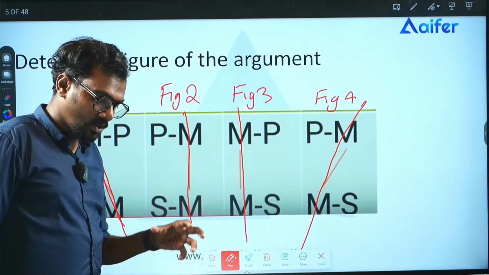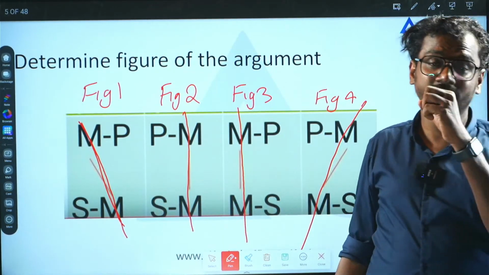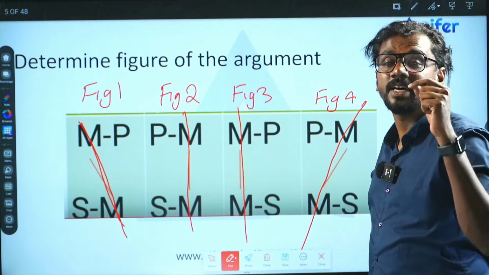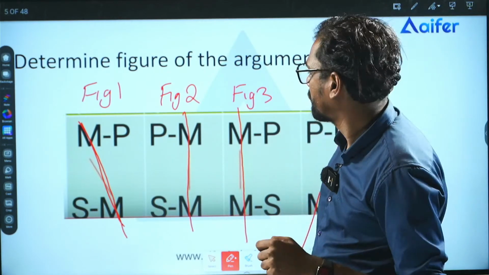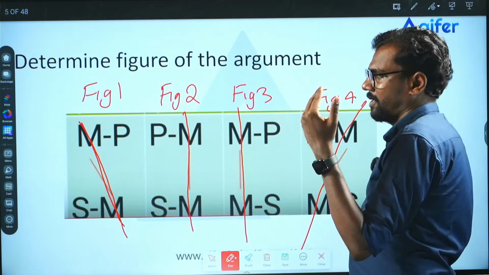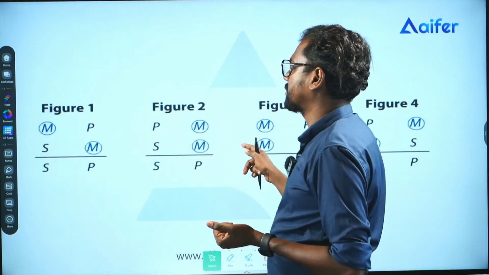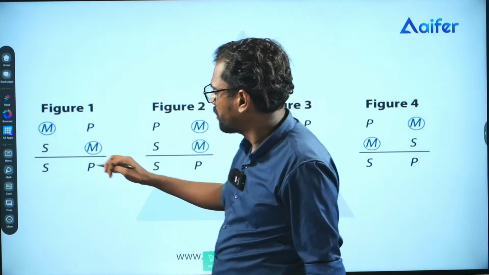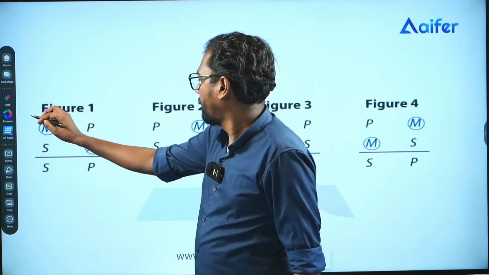So the figure of a particular categorical proposition will be determined by the arrangement of the middle term. The middle term is a particular term that's common in both premise 1 and premise 2. A bit confused? No need. It's even denoted like a collar, you can draw it like this.